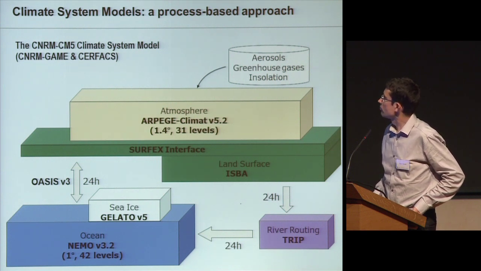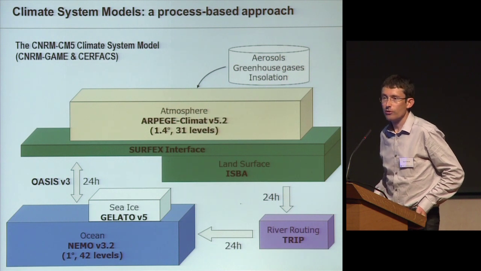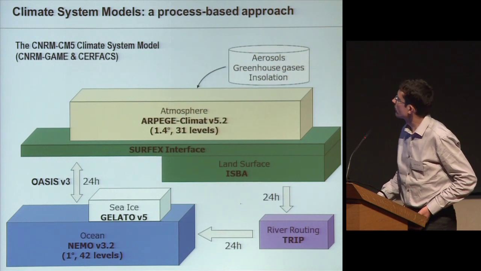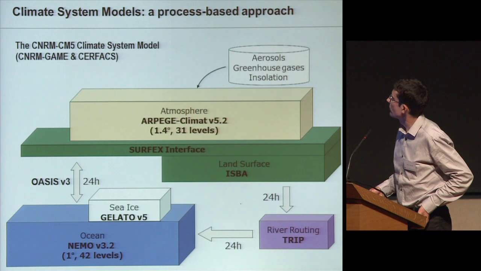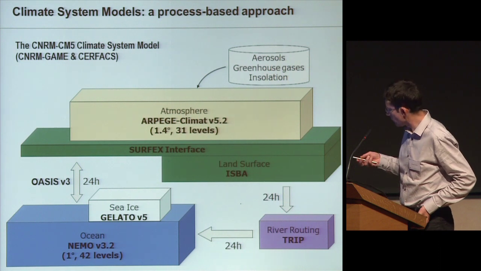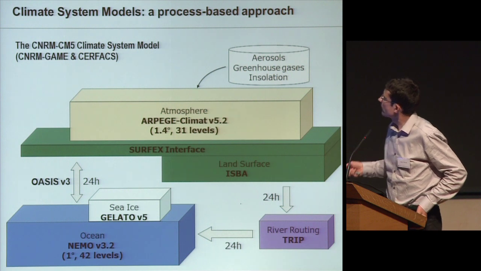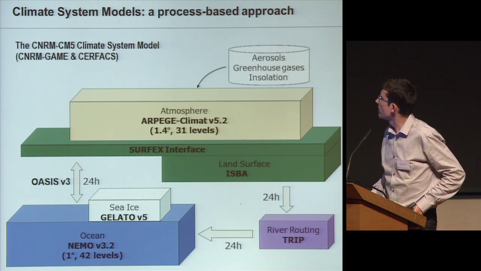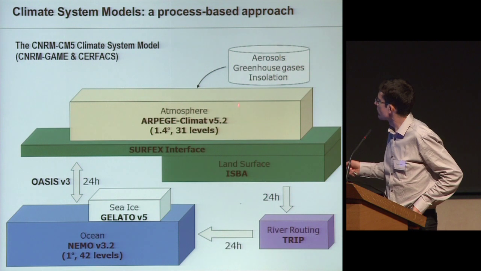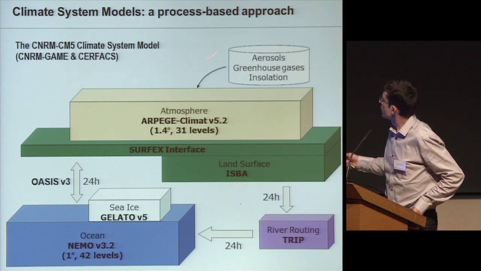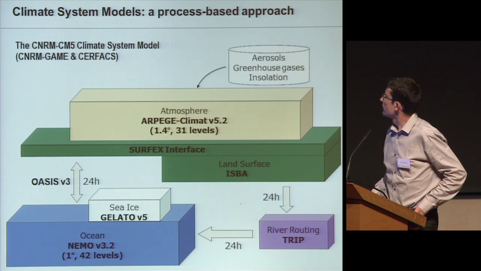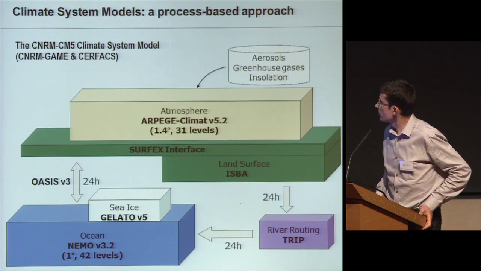So that's an example of a typical global climate model, the one from CNRM-Météo France. It is important to remind that these models are based on the laws of physics. So here we have an atmospheric model. They integrate forcing, so they integrate greenhouse gas concentrations or emissions.